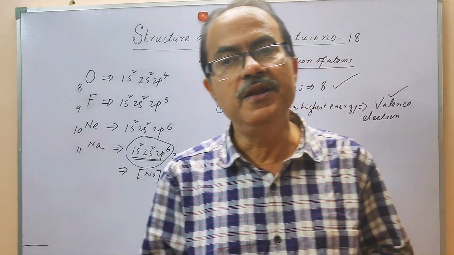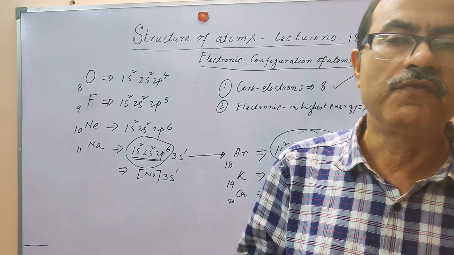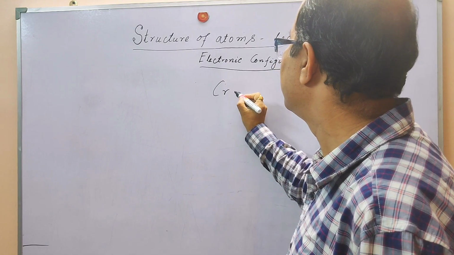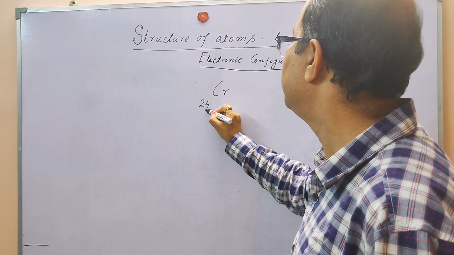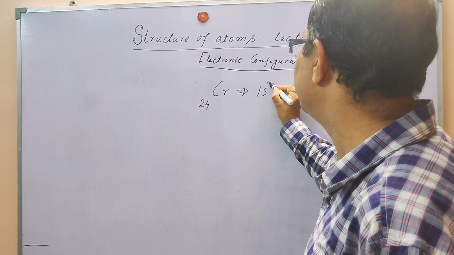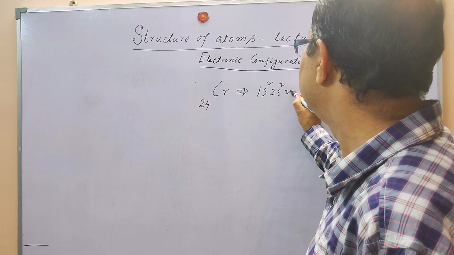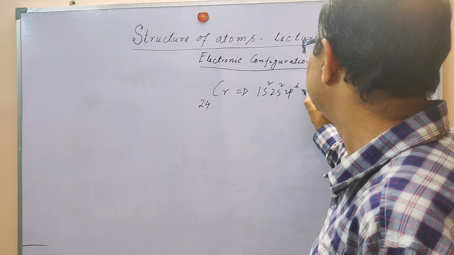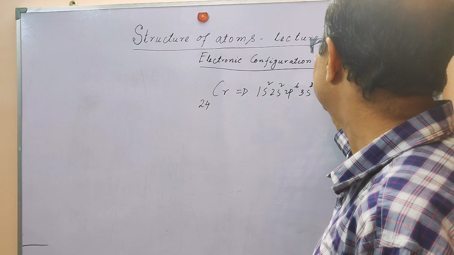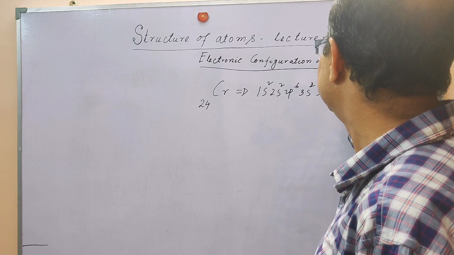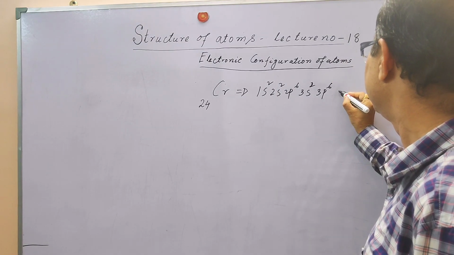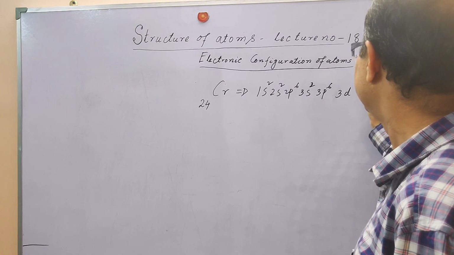And for some elements you will find the electronic configuration is different. As for example, chromium has this atomic number. We would write this electronic configuration this way: 1s2, 2s2, 2p6, 3s2, 3p6, then 4s2.